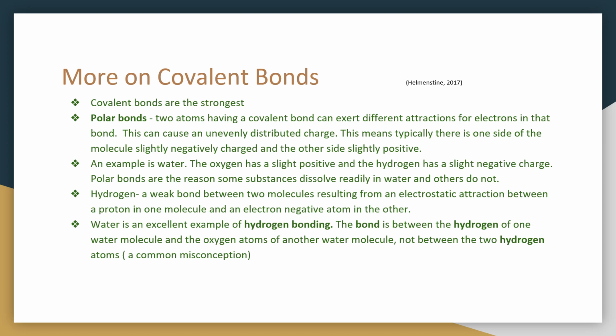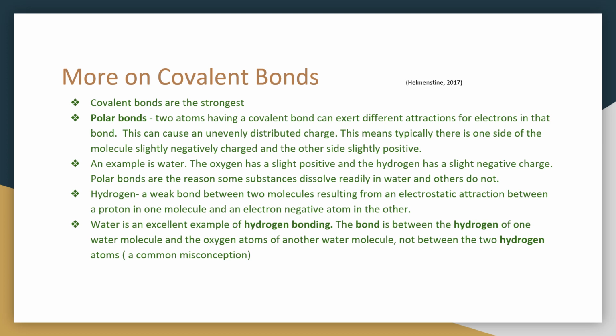When you think of water, the bond is between the hydrogen of one water molecule and the oxygen of another water molecule, not between the two hydrogen atoms. That's a misconception, because with H2O you think there are two hydrogens, so it must be between them.